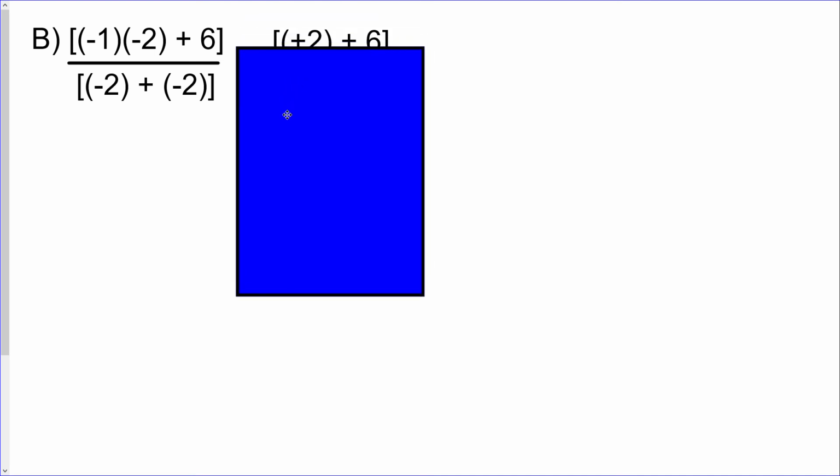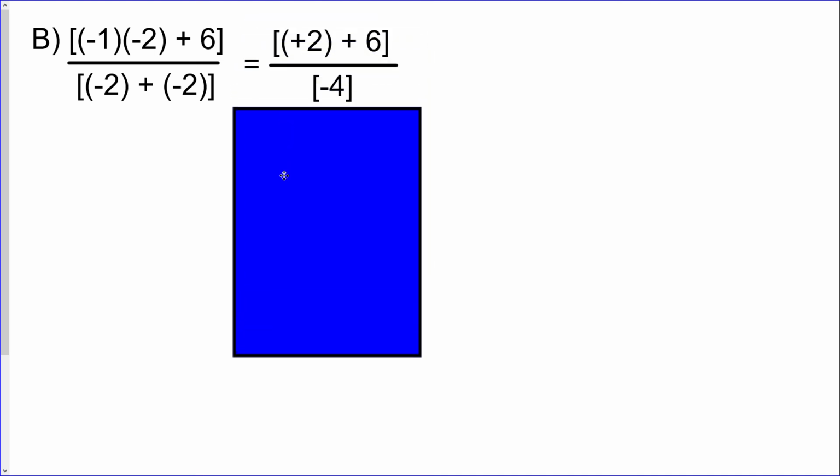We'll start with the top and bottom. Because they're not really connected, we can do both steps at the same time. So negative 1 times negative 2 equals positive 2. Remember, when it's brackets side by side, like in my example here, that implies multiplying. I'm going to write that in there. I want to differentiate this for a moment from this.